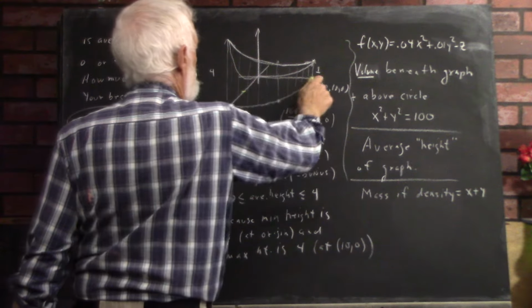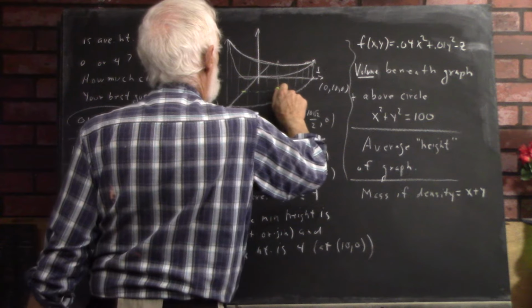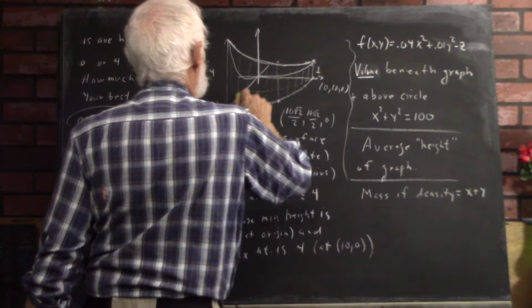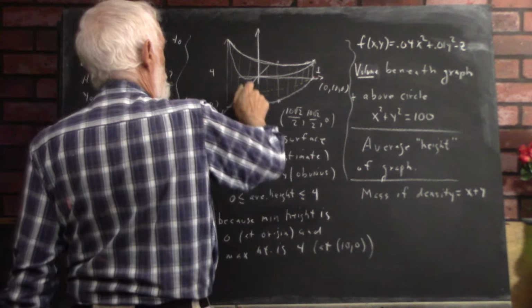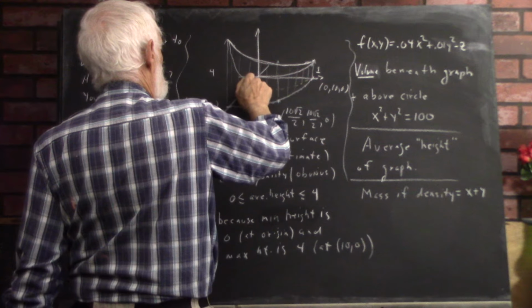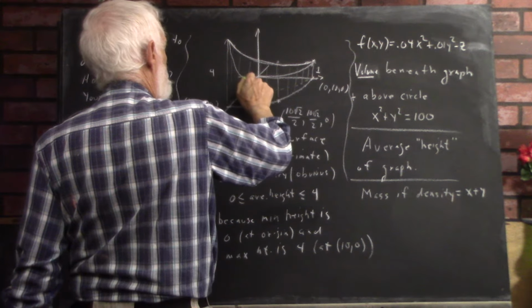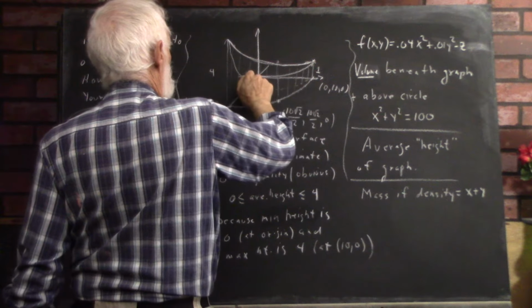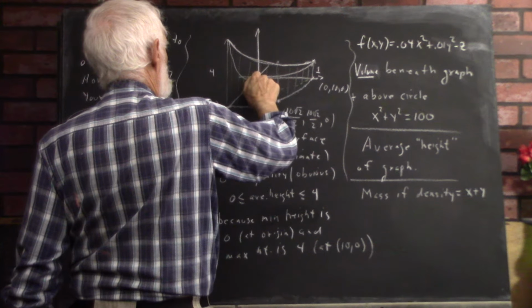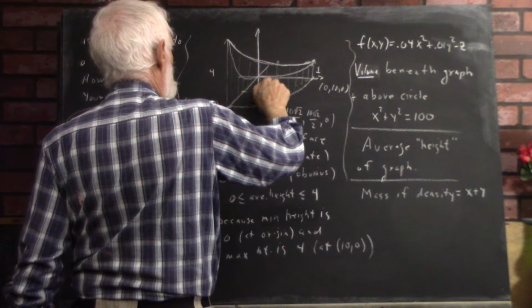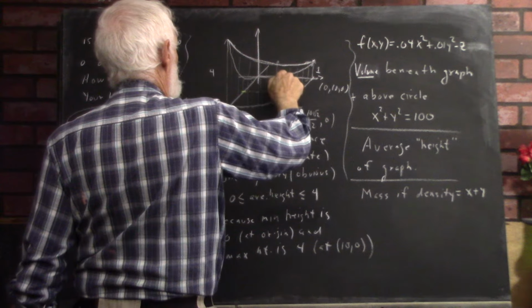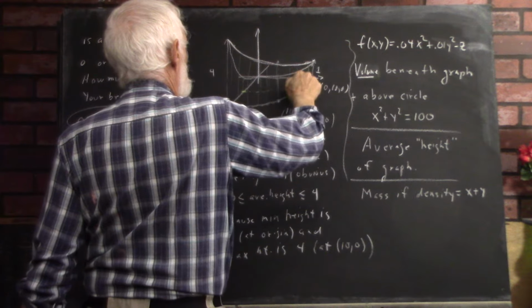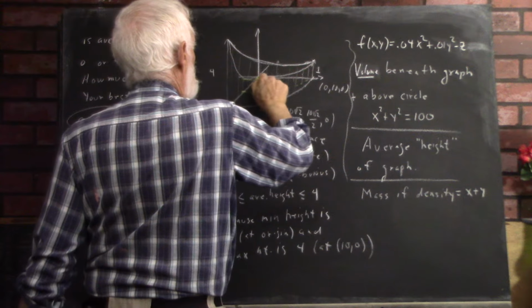Here's where x equals 5, here's where y equals 10. Here's the ellipse. And the height of the surface above this ellipse at every point is 1. So I just draw a segment of height 1 at every one of these points, and then I can connect them.